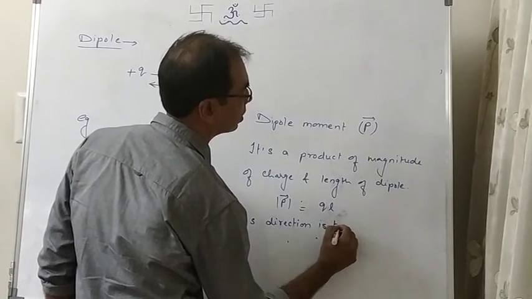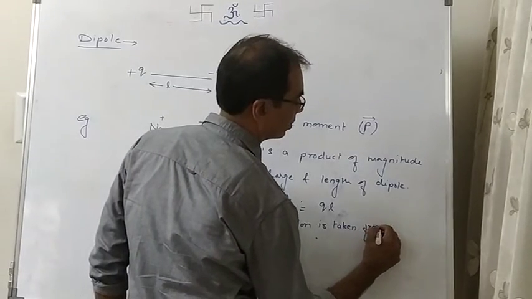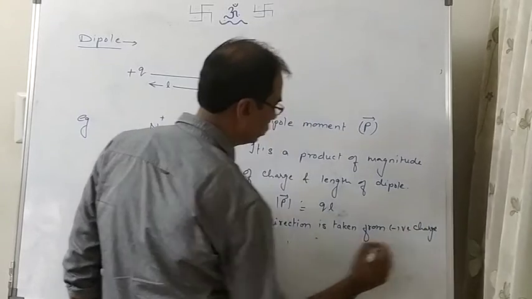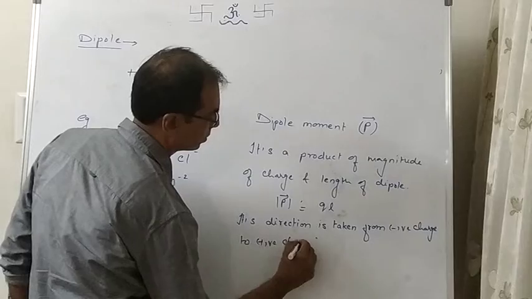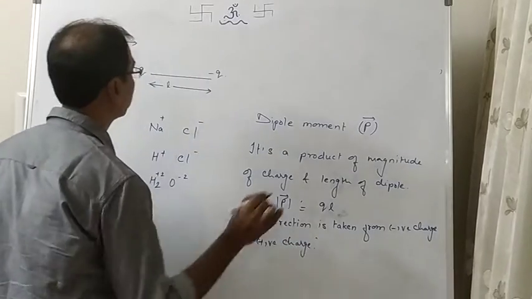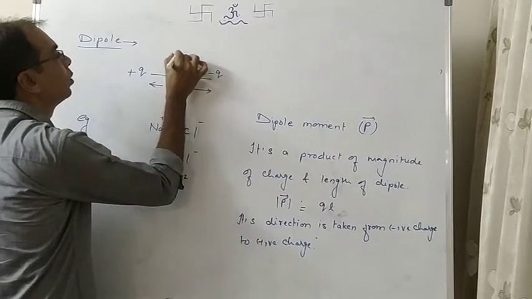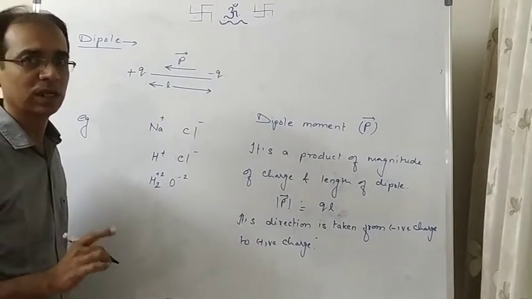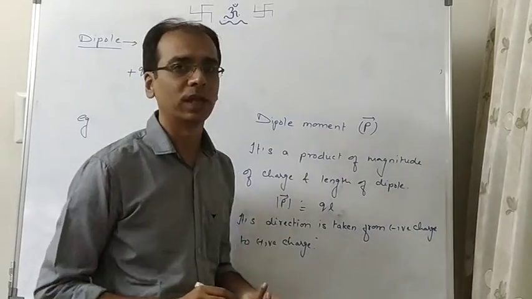So in our case, the dipole moment's direction is like this. Is that clear? So this is how we see the strength of the dipole.